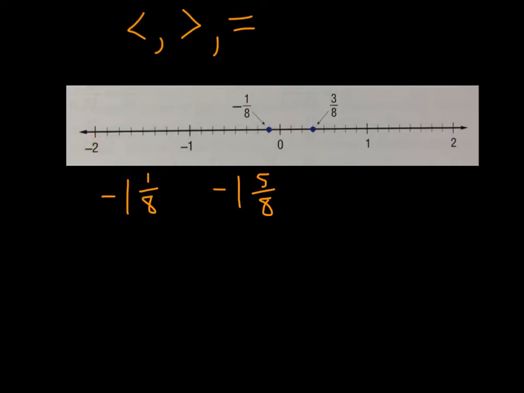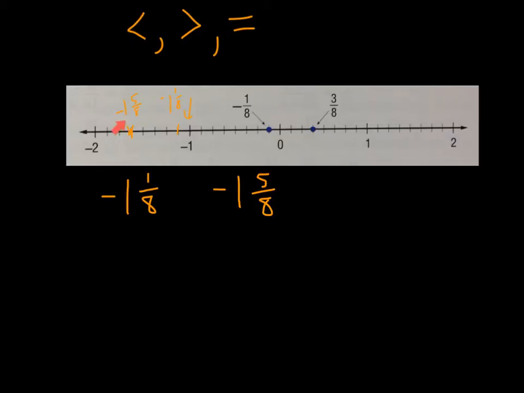So right here would be negative 1, and right here would be negative 1 and 1/8. So that would be this line right there. Negative 1 and 2/8 would be right there. Negative 1 and 3/8 would be right here. Negative 1 and 4/8. Negative 1 and 5/8. So negative 1 and 5/8 would be right there.